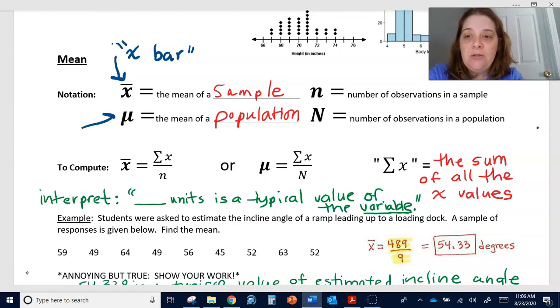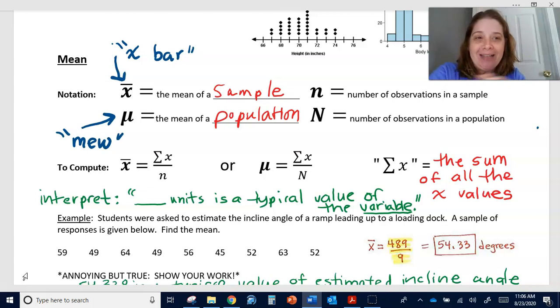The other one is this Greek letter that kind of looks like a fancy M, pronounced mu, like a little cat, mew. So we have our X bar, which is the mean of the sample, and mu is the mean of the population. Again, in statistics, we tend to use English letters for sample values and Greek letters for population values.